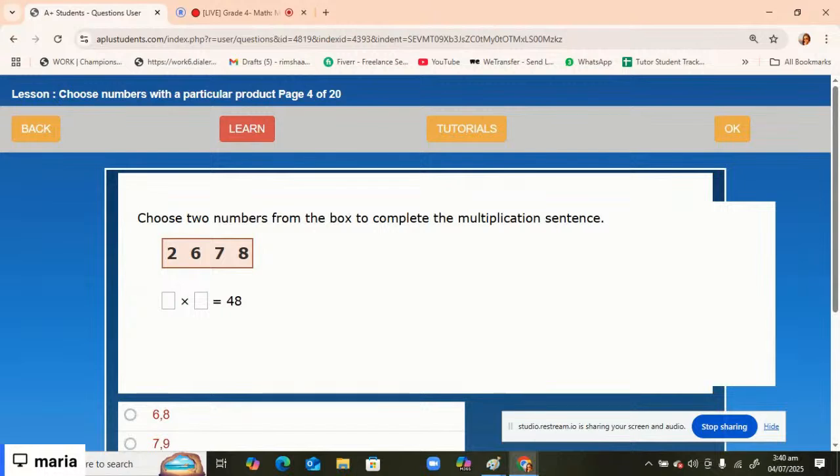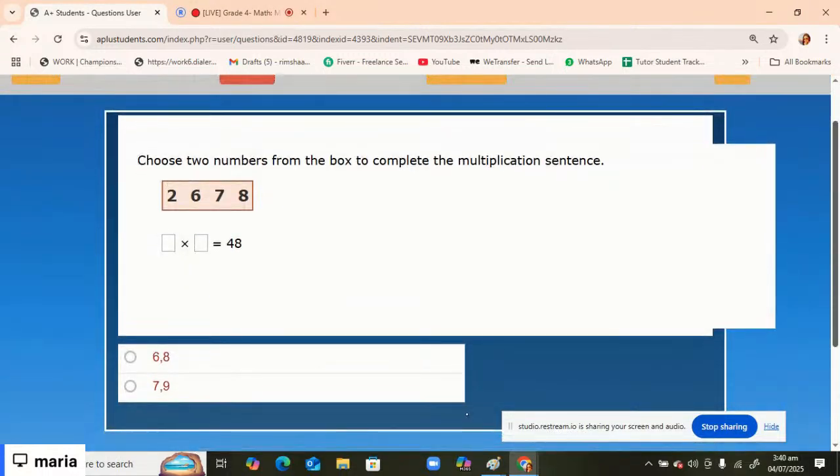You tell me. 2, 6, 7, and 8. So 6 times 8 is 48, okay? This is 6 times 8 is 48.